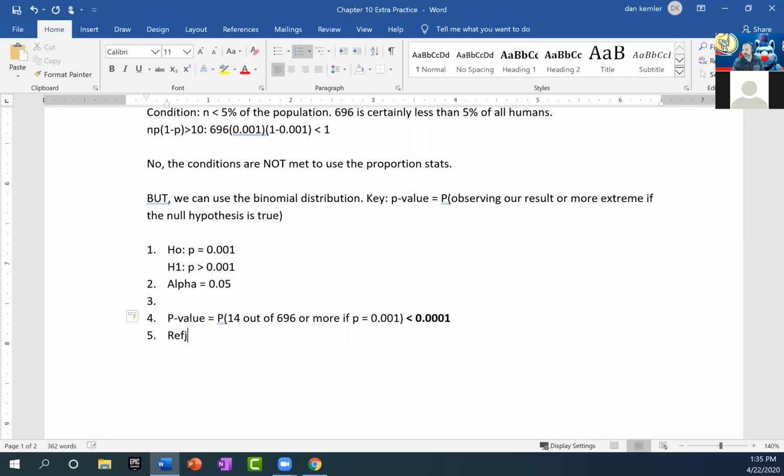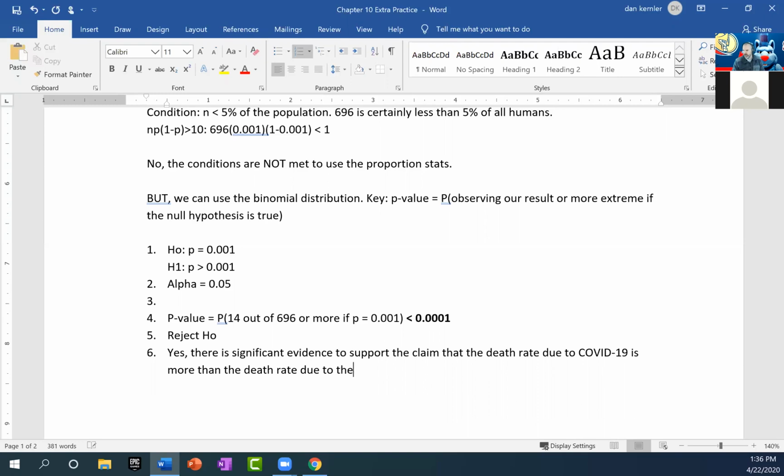We would reject the null hypothesis. And so our conclusion is, yes, there is significant evidence to support the claim that the death rate due to COVID-19 is more than the death rate due to the flu.